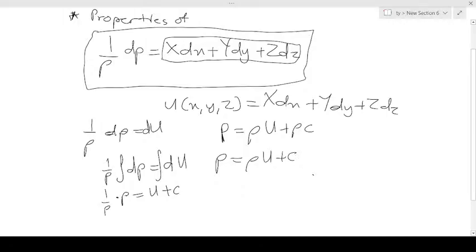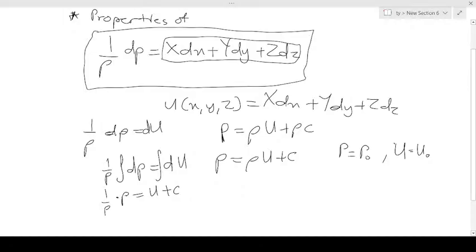But then we want to find the value of c because it's a constant. This is the equation we are deriving. We don't know what the value of this constant is. So now let's try to look for conditions that are known to help us determine the value of c. So let's say we have a certain pressure P naught, and we have the expression in terms of u as u naught.